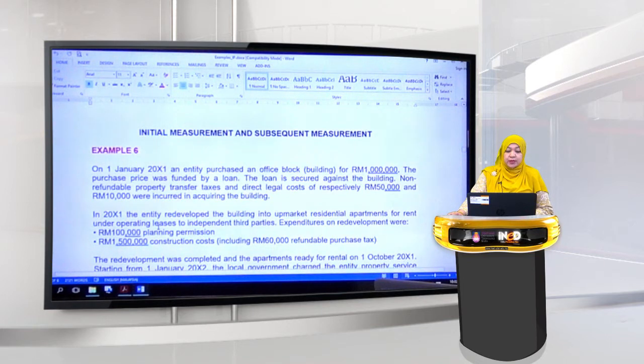In 2000X1, the entity redeveloped the building into an upmarket residential apartment for rent under operating lease to independent third parties. Expenditures on redevelopment were 100,000 planning permission and 1.5 million construction costs, including 60,000 refundable purchase tax.